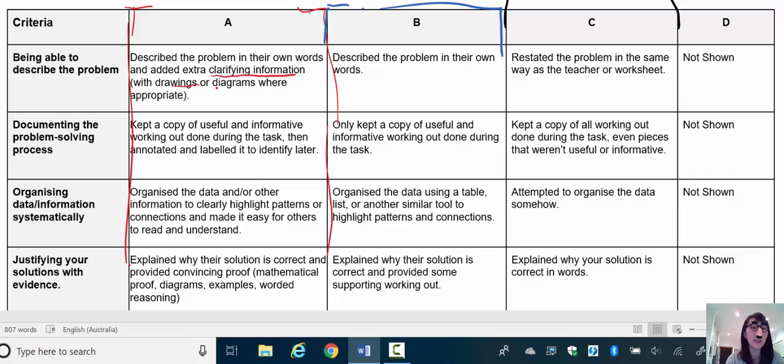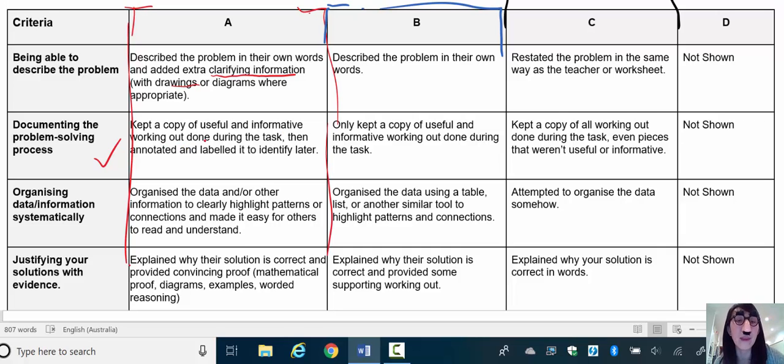Then the second criterion here is to document the problem solving process. This part is more related to your reflection journal and also the method section of your report. So you have to keep a copy of useful and informative work done during the task, then annotate it and label it to identify later.